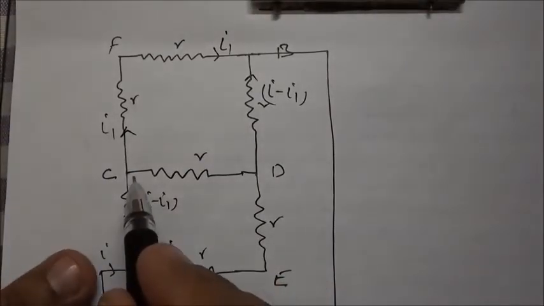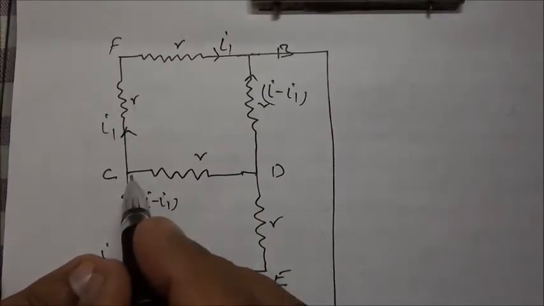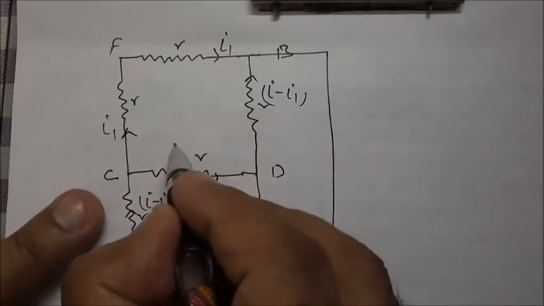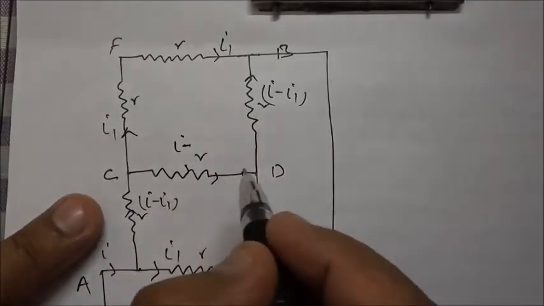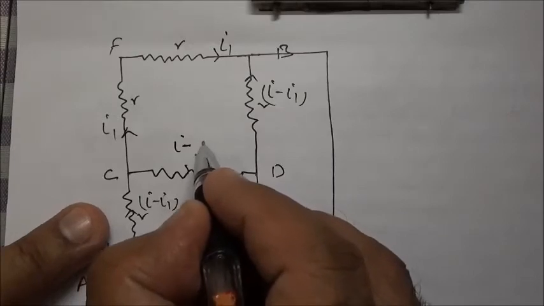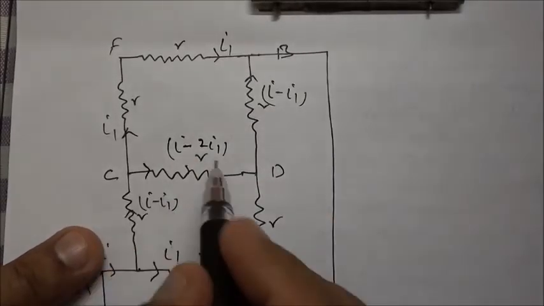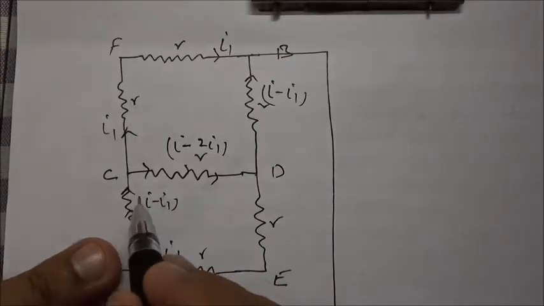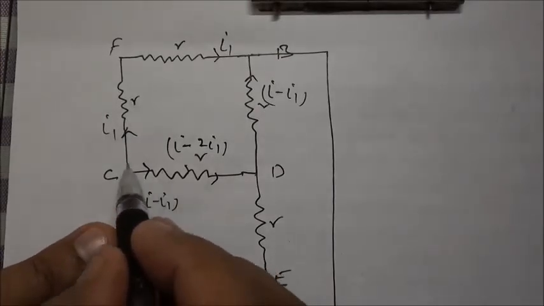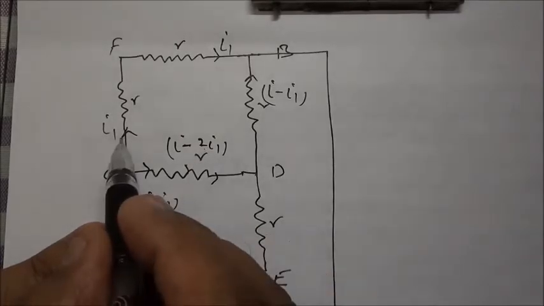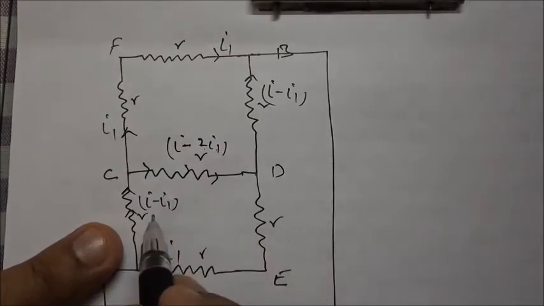And now accordingly at this junction we can make I minus I1 coming, I1 goes here. So how much is the current that is going through this? I minus 2I1. This is the coming current, this is going current, this is going current. So I minus 2I1 plus I1 becomes I minus I1, which is this.